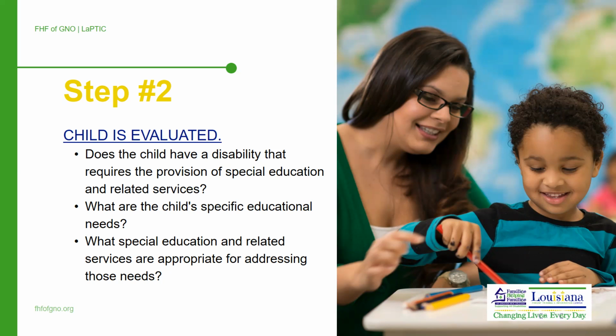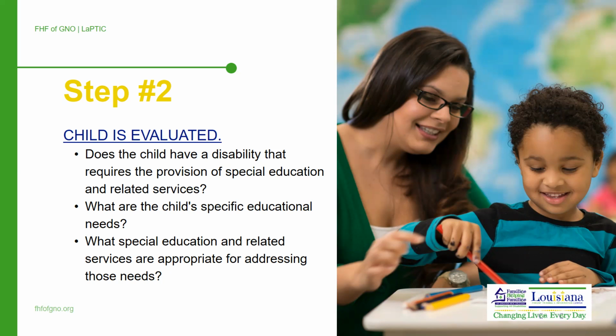They also include, if behavior is noted as a concern, a functional behavior assessment, which is conducted or reviewed by a certified school psychologist or some other qualified staff member. And then the evaluation includes a review and analysis of any discrepancies between test results and observations, or a review of any discrepancies among evaluation results.